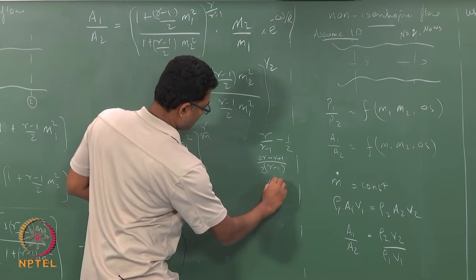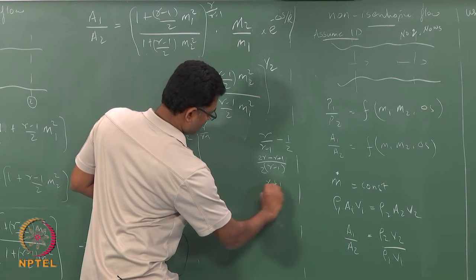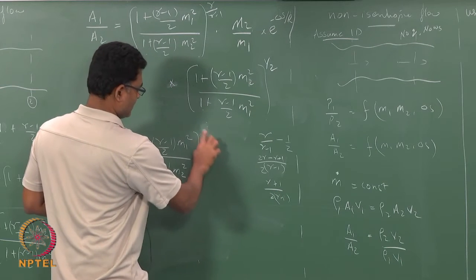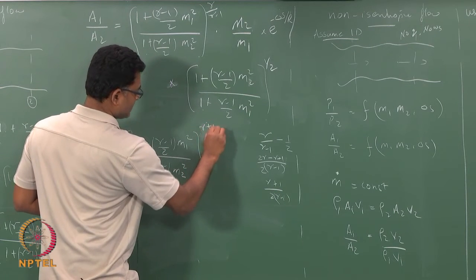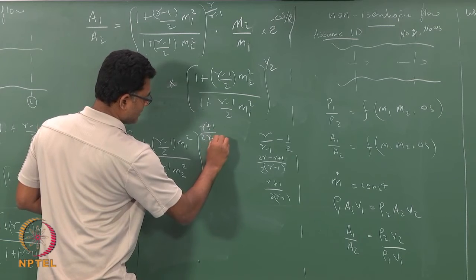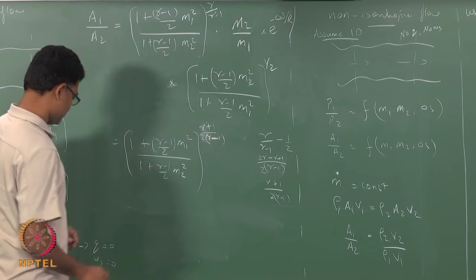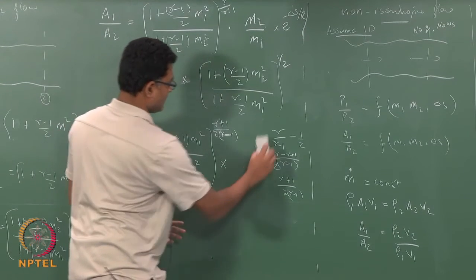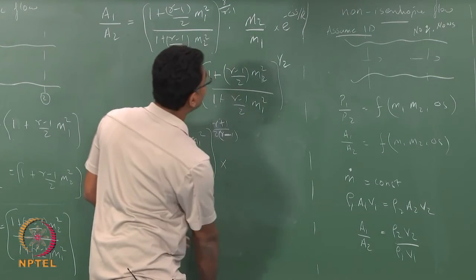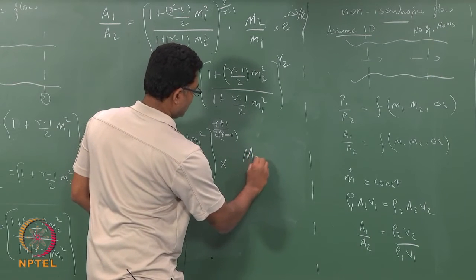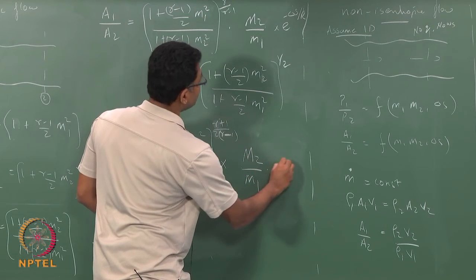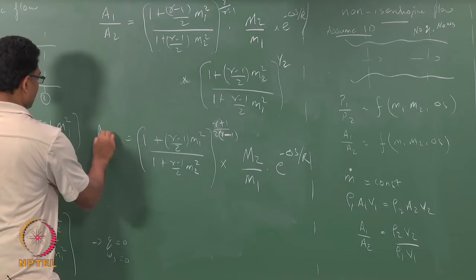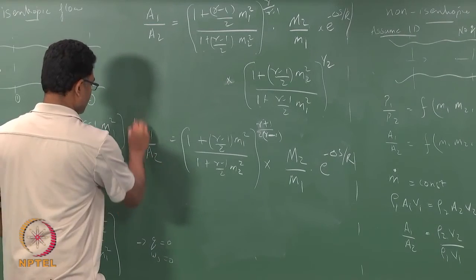So, this would be gamma plus 1 divided by 2 gamma minus 1. So, this exponent is gamma plus 1 divided by 2 gamma minus 1 into M2 by M1 into e power minus delta s by R, which is my A1 by A2.